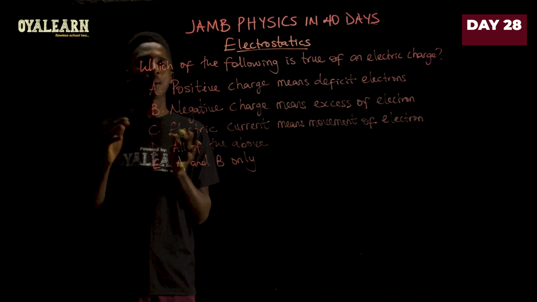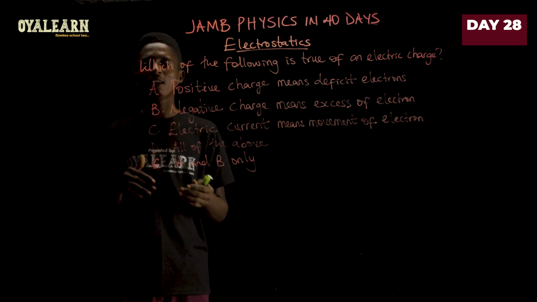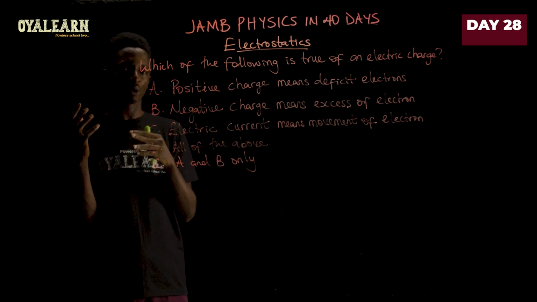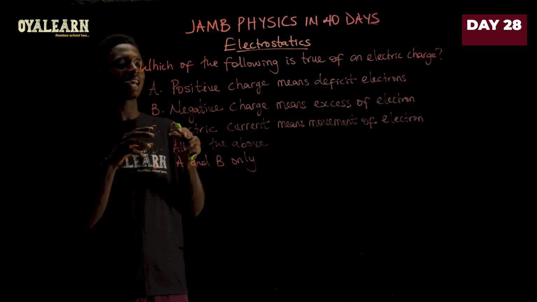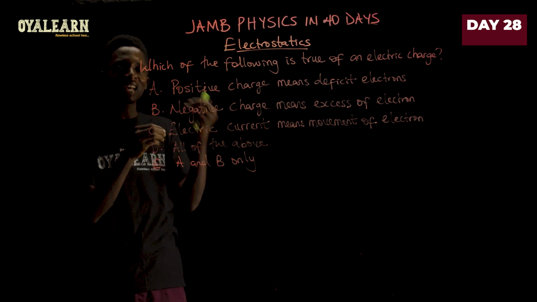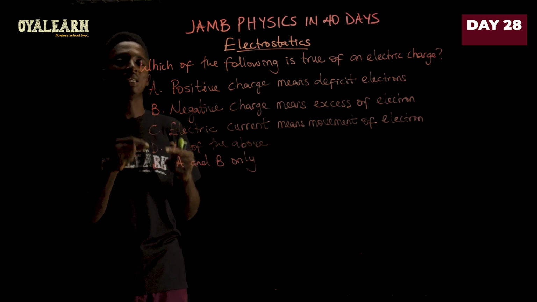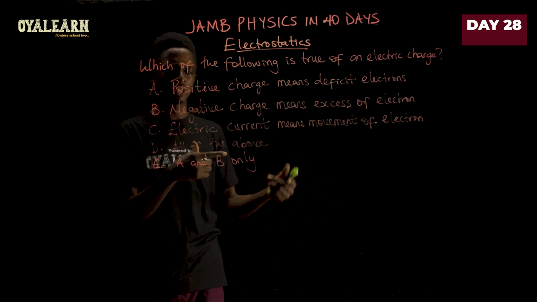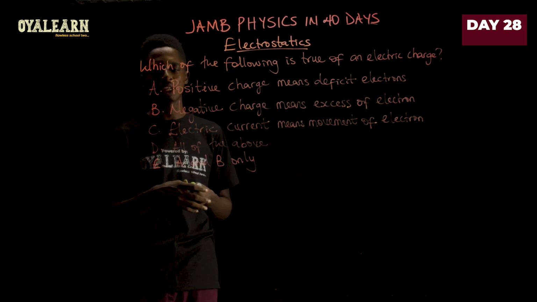Remember, protons signify positive charge, while electrons signify negative charge. So if a body has equal number of protons and electrons, it is said to be uncharged or neutral. But when there is positive charge and a deficit of electrons, meaning there is a lesser amount of electrons available, such an object will be called a positively charged object. So option A is actually true about electric charge.